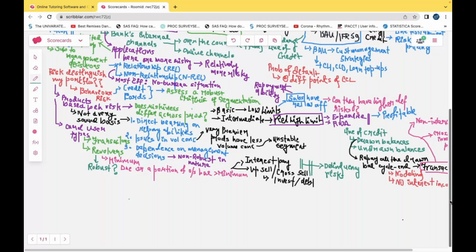That's what we will talk about today: the importance of behavior scorecards in risk management, how risk management is done, and how business impact analysis happens. These are some of the questions we are going to address.